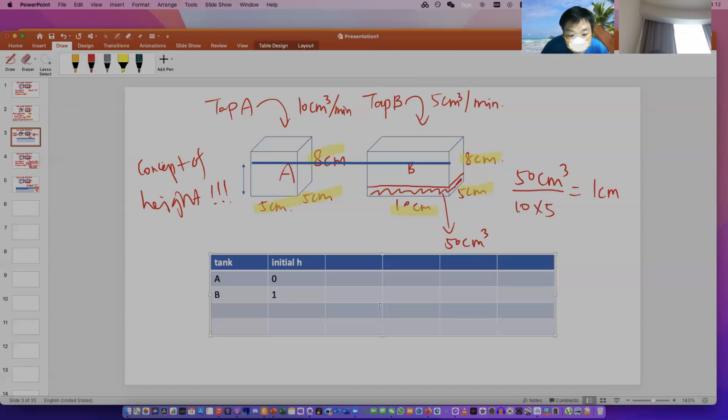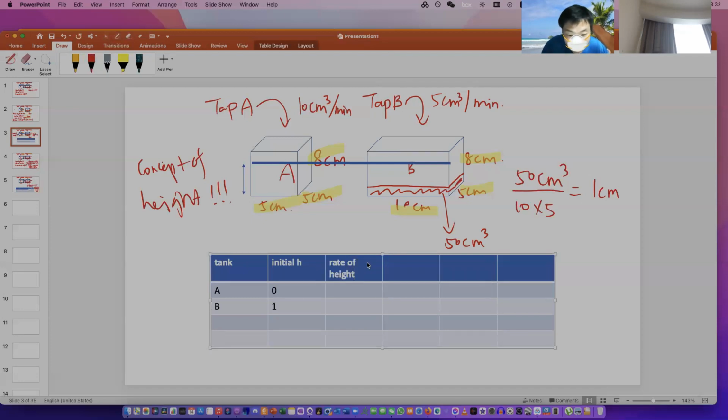And then of course the next, the heading here is, instead of just now I put in rate, rate is the flow of water. So in this case it is rate of height. It's not rate anymore, it's rate of height.